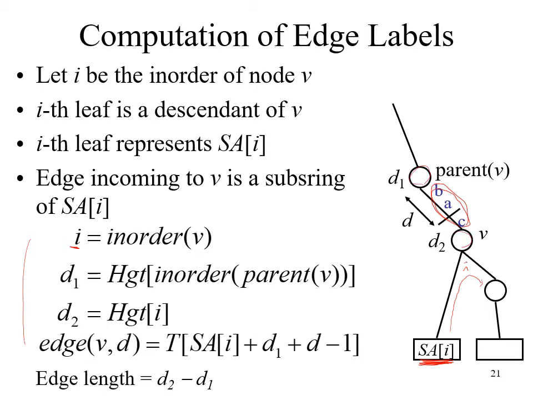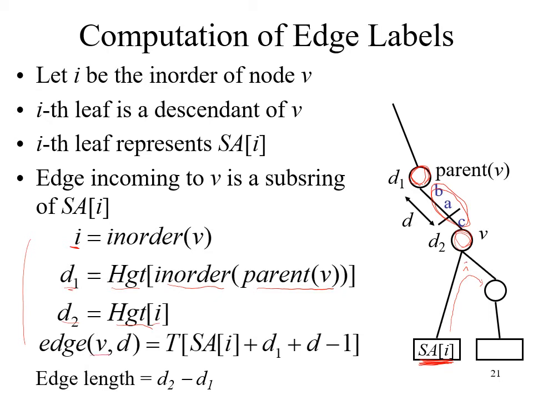The string depth of V is just height of I, and we already know I. So we can compute D2, the height of V. And the string depth of the parent of V is also computed by first going to the parent, then computing its in-order, then looking at the height array. Then we can compute D1.